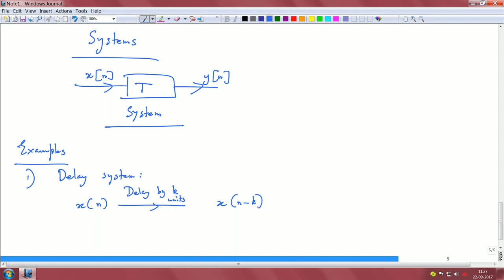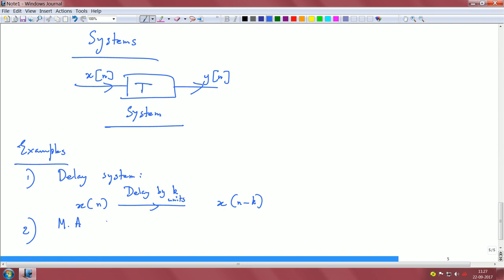So, how can you realize a delay system? By just taking a signal and passing it through a tap delay line, and you can realize a delay of k units.